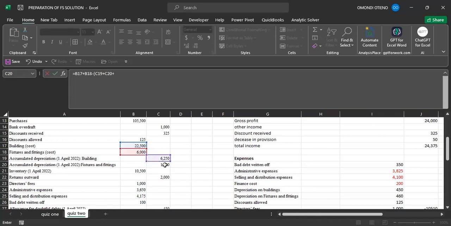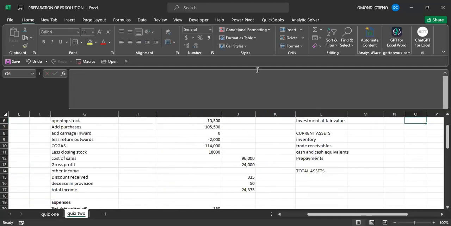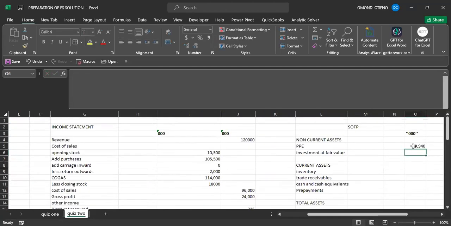Then we add the depreciation expense for the current year of these assets, that is depreciation on buildings, then depreciation on fixtures and fittings. So total accumulated depreciation as at the end of the year is already captured by adding all the four items there. So once that is done, we'll be able to see that our PPE is 19,940.